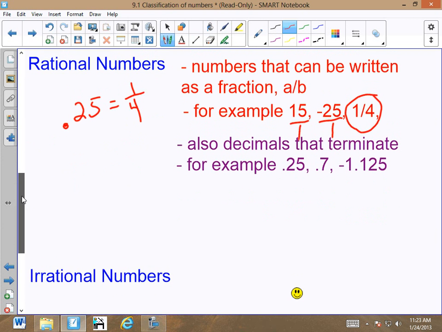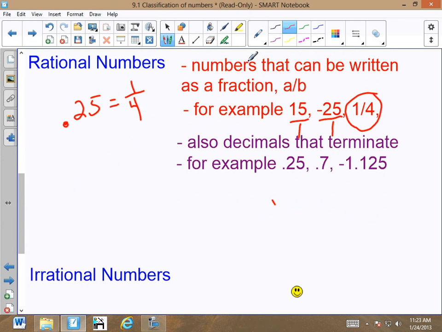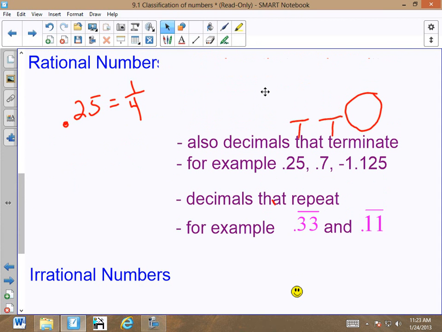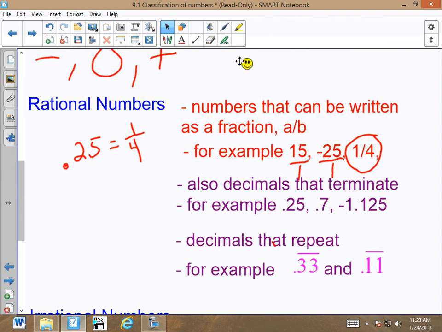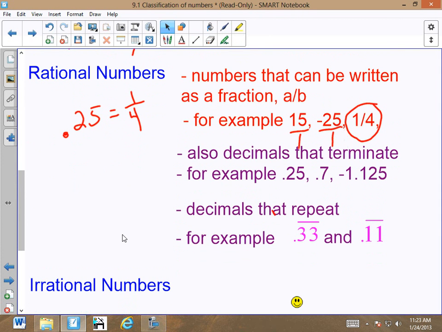However, rationals can also be numbers, they can also be decimals that repeat. So they're decimals that end, or they're decimals that repeat. 0.33333 with a line above it, or 0.11111 with a line above it.